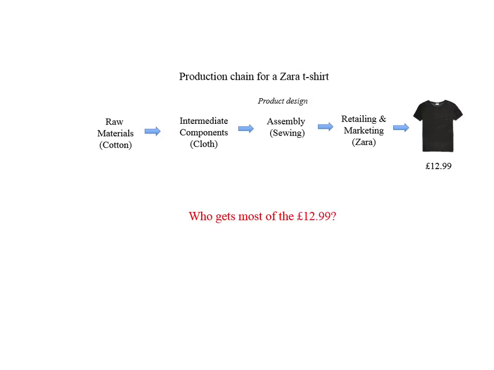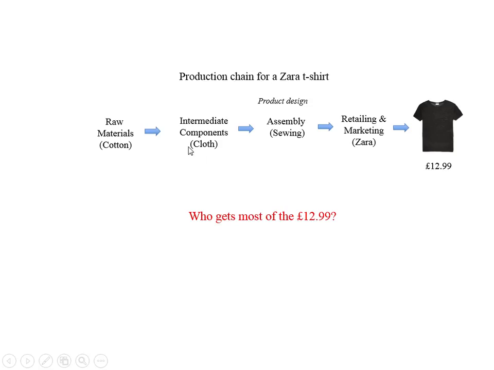Now, the question is, who gets most of the 13 pounds? Which of these stages? Raw materials, intermediate components, that is the cloth that makes the clothes, the people who have actually sewn the clothes, or the marketing and retailing? Which part? Raise of hands for the raw materials.